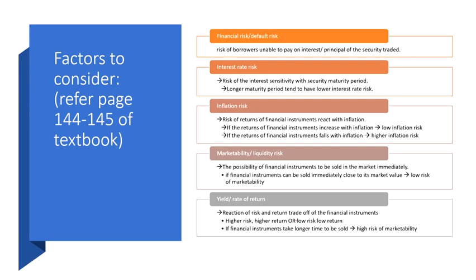Now let's take a look at the factors to be considered for investing in marketable securities. First, lower financial risk. What is financial risk? Financial risk is the risk of borrowers being unable to pay the interest or principal of the security traded.